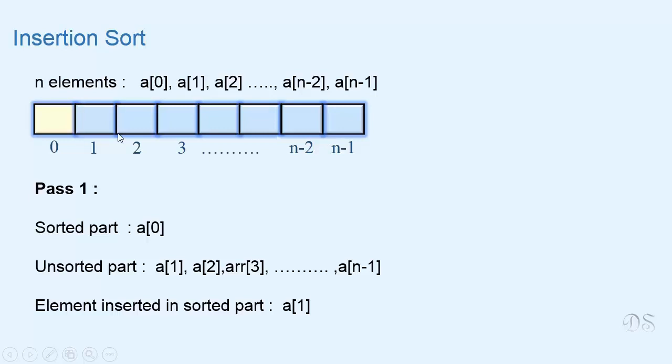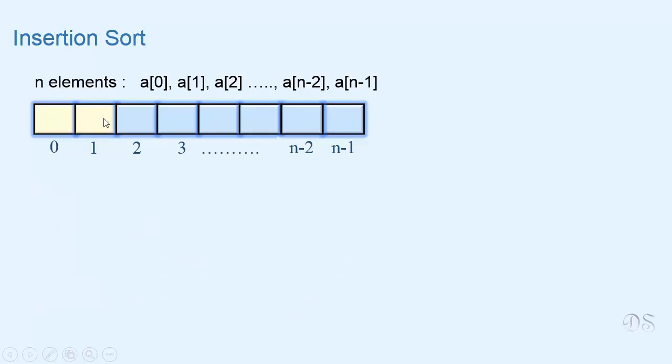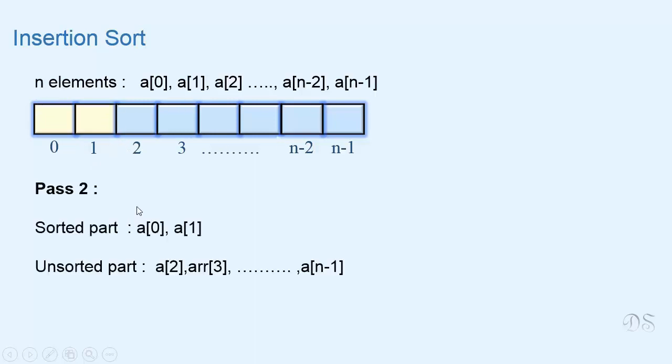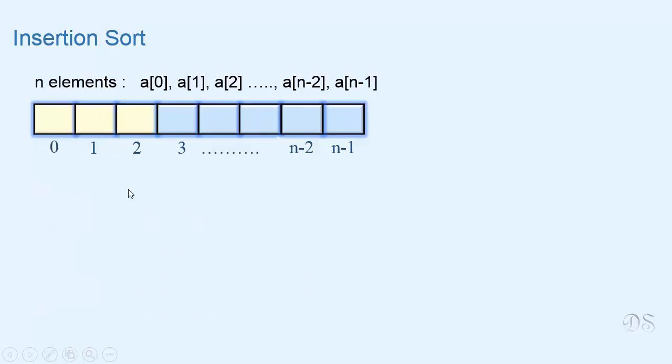The first element of the unsorted part is this, A1, and it is placed at its proper position in the sorted part. So the result of pass 1 is that this becomes the sorted part and this becomes the unsorted part. Now in pass 2, the first element from this unsorted part is inserted in this sorted part at its proper position.